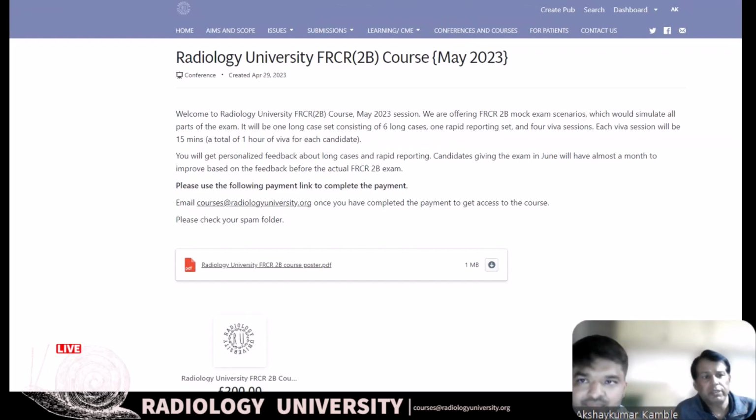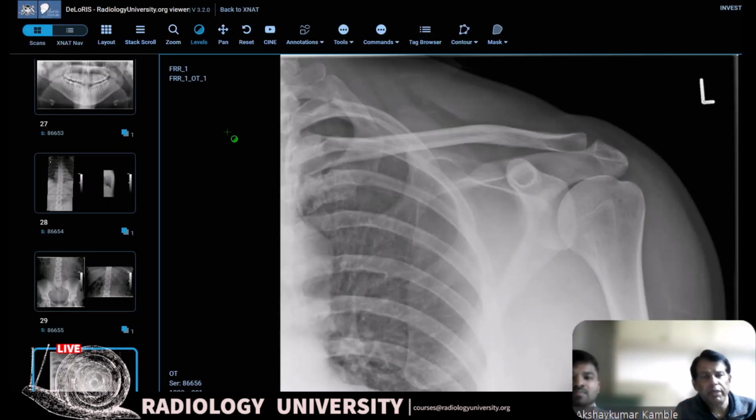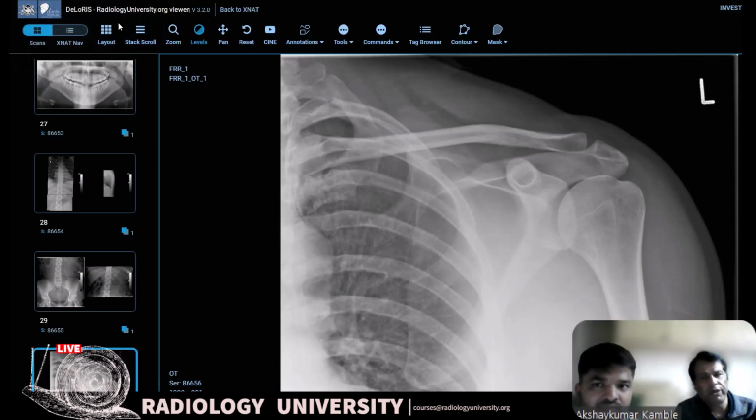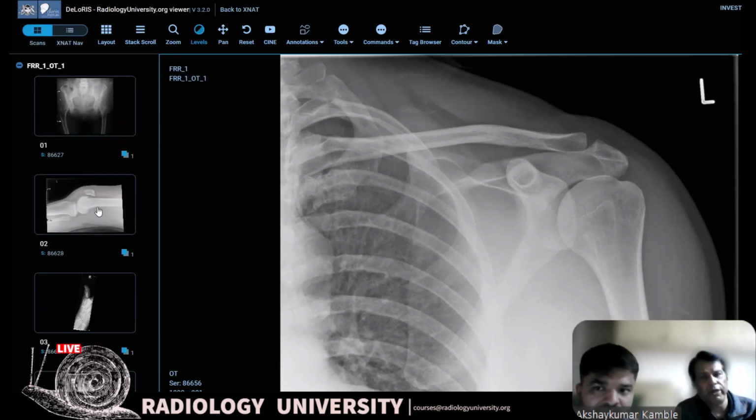So the main thing in rapid is make sure that you report like you are reporting normal life X-rays, like in the A&E hot seat, any report. Don't take it very seriously. Take it as if you are doing reporting normally, because there is good statistics that people overcall the films rather than undercalling. The only downside in rapid is you don't get the clinical history when you get it in normal day-to-day life.